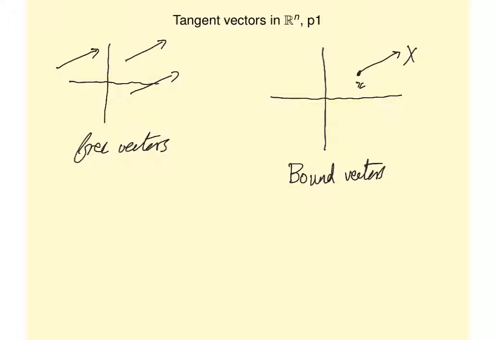Let's represent them as little x and capital X in Rn cross Rn. And that's the set of all the bound vectors at all the points of Rn.